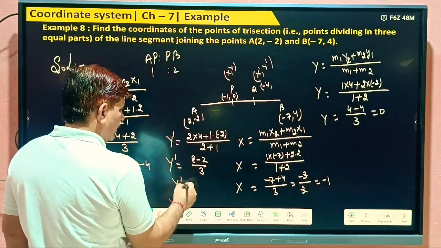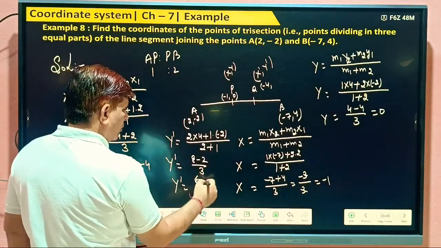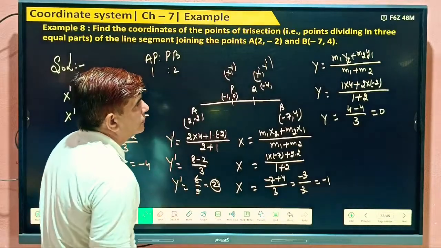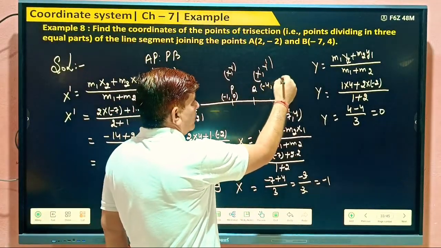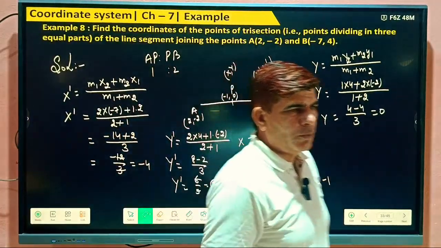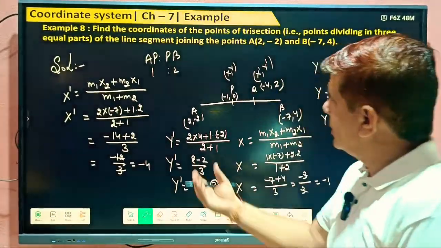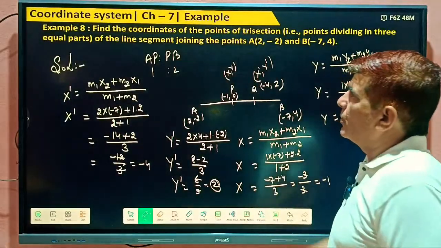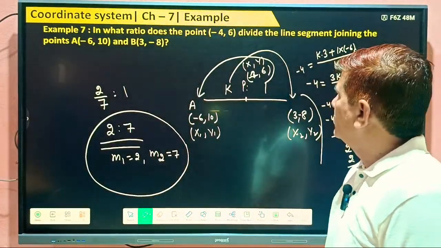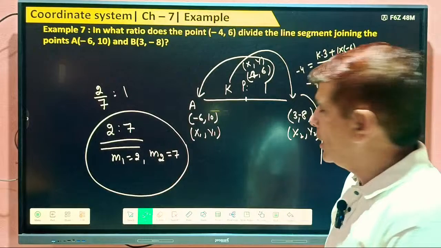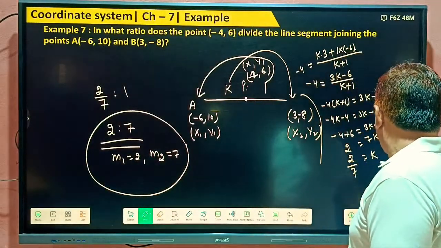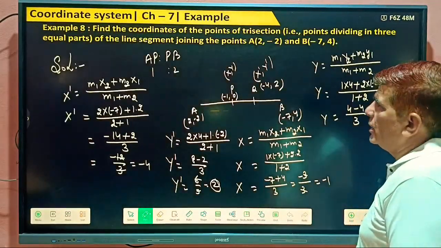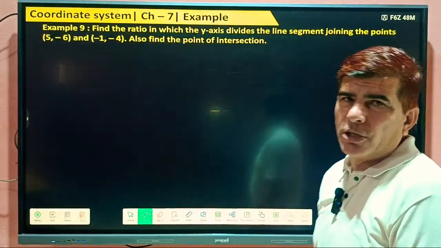So y dash equal to 6 by 3, how much? 2. So the other point is this, with y coordinate 2. Now the possibilities: either this type of question comes in your exam, or the type given previously, example number 7, where the ratio is given as k raised to 1. There are many possibilities, but these are more probable as compared to others.